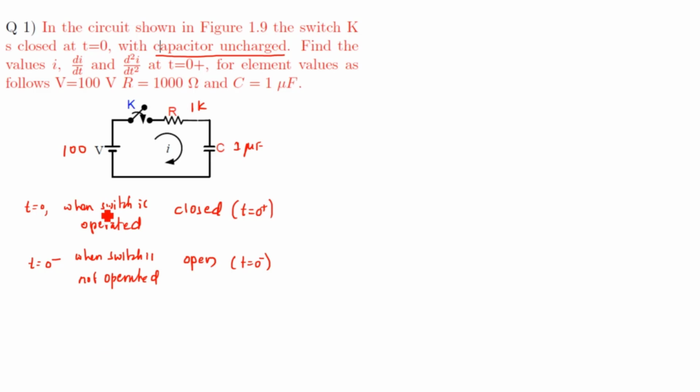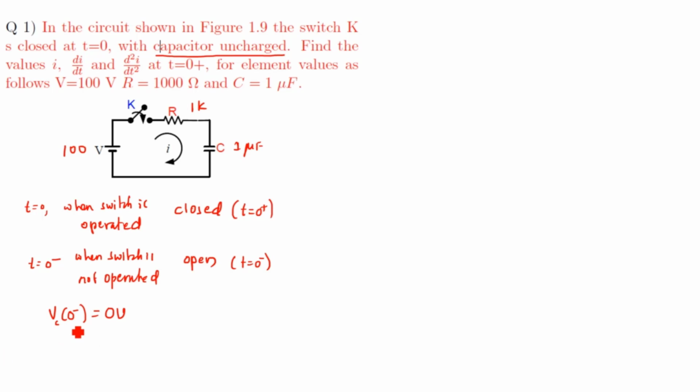Alright? Okay. Now, you can see here, the capacitor is uncharged previously. That is nothing but before switching, the capacitor voltage VC at 0 minus equals 0 volt. Is that okay? The capacitor is uncharged. The switch K is closed at t equals 0 with the capacitor uncharged. Before switching, the capacitor was uncharged.